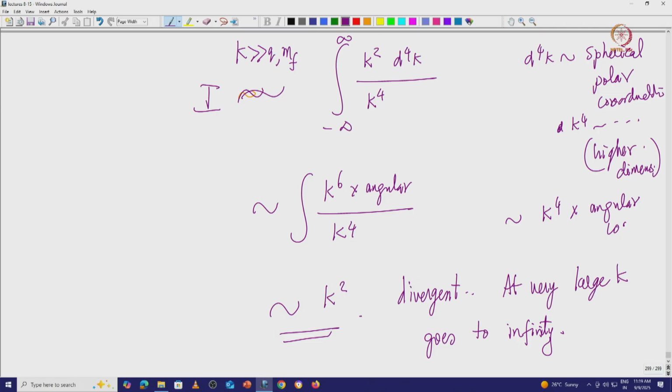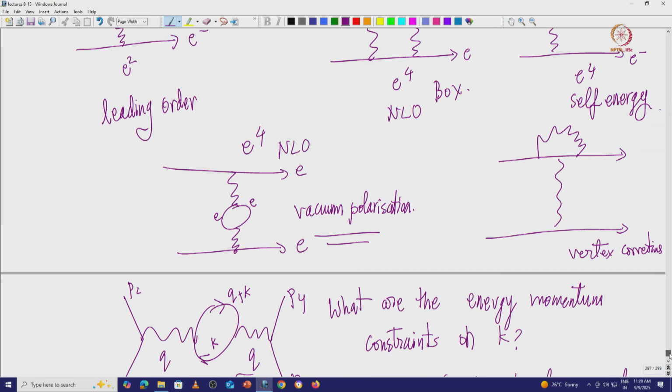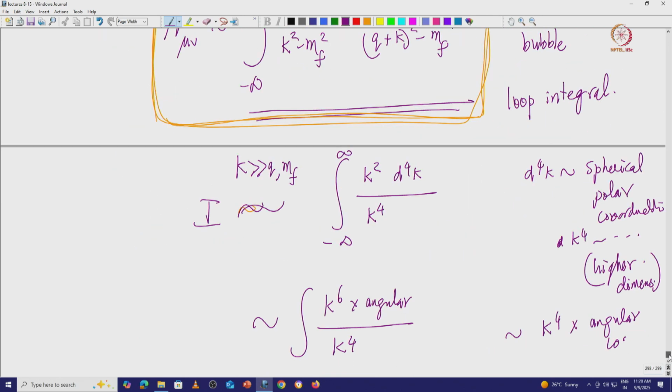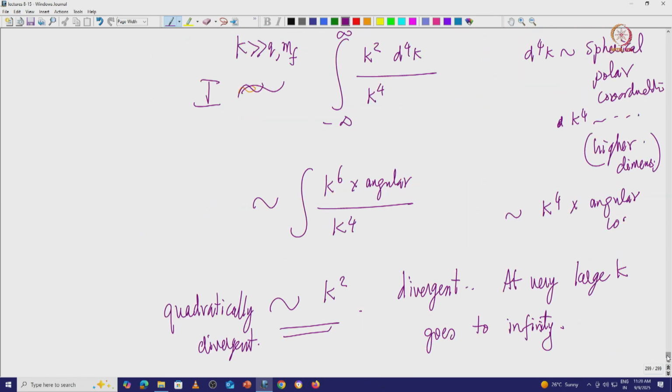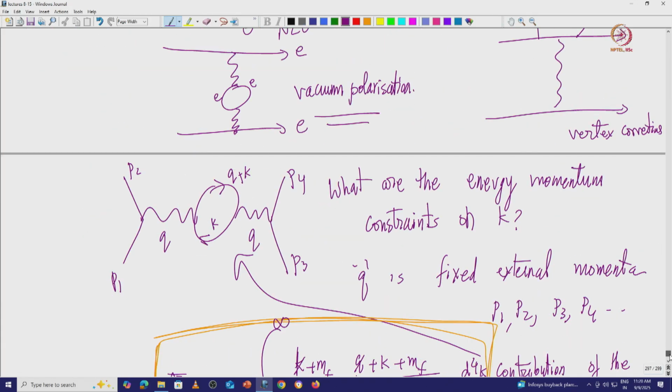Such integrals are called quadratically divergent. Now you need to get physical results out of this, so to get the physical results you do two particular things. This means that at higher orders your theory will have infinities you have to deal with.